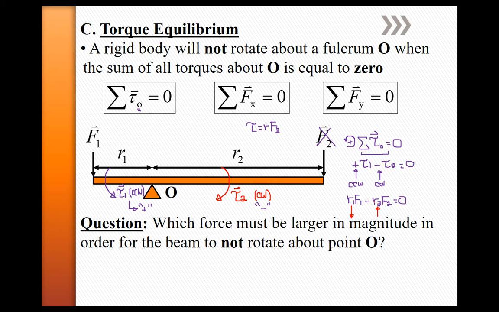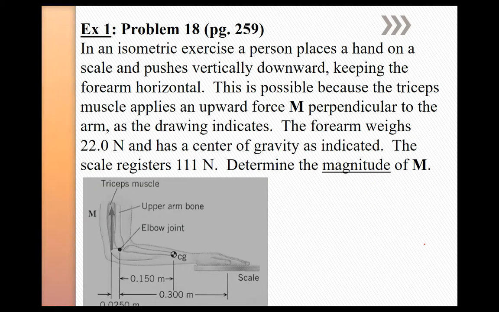Well, if I want to generate the same torque, if R1 is small, that means I need F1 to be big. And if R2 is big, I would need F2 to be small to generate the same amount of torque. So in this case, I would need F1 to be bigger than F2 in order for this to be in torque equilibrium. Okay, let's look at some examples now.